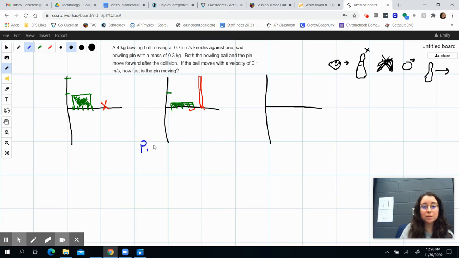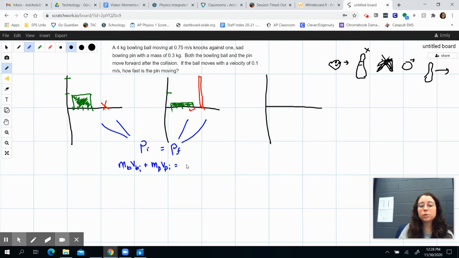Great. So let's set up a momentum equation. We know that our momentum initial is going to be equal to our momentum final, and our momentum initial is from both of these, and our momentum final is from both of these. So we have the mass of the ball times the velocity of the ball initially, plus the momentum of our bowling pin, which is the mass of the pin times the velocity of the pin initially.